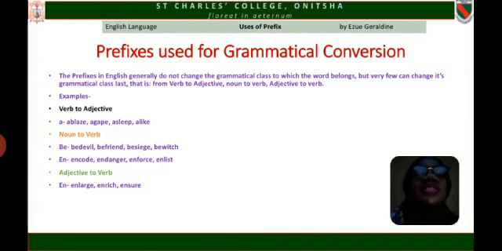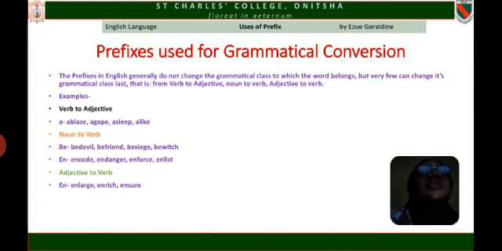Then adjective could be changed to verb. For example, large is an adjective, rich, adjective, short, adjective. But when we add the prefix en, it changes to enlarge, which is verb, enrich, which is also a verb, and ensure.